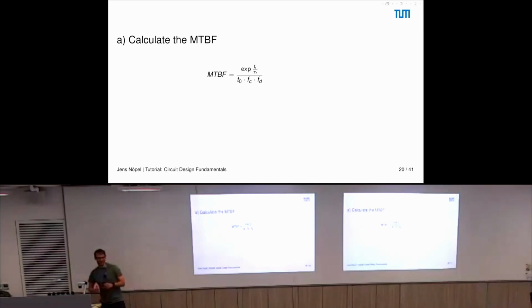Maybe a short introduction to how this formula works. The first thing we need to think about is that we have two different clock domains. What happens if one register is clocked with one clock and the other register with another clock? Then we don't have the assurance anymore that all the requirements for the flip-flops are met.